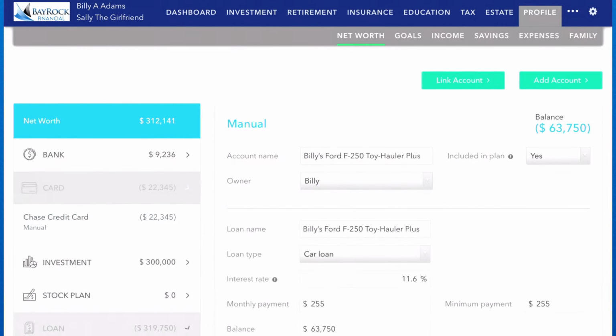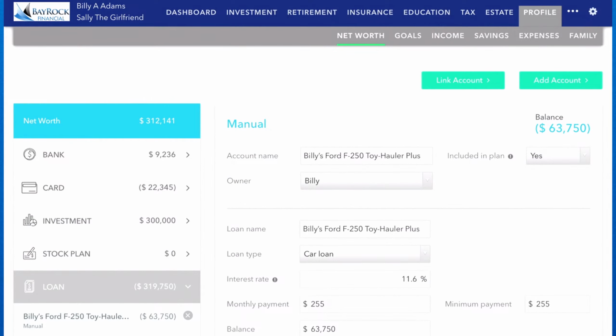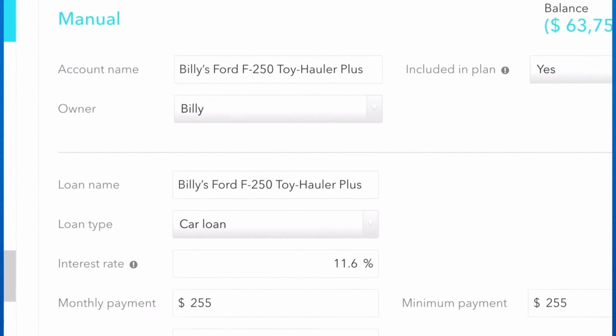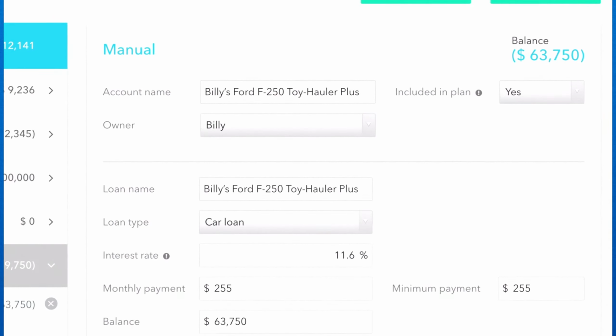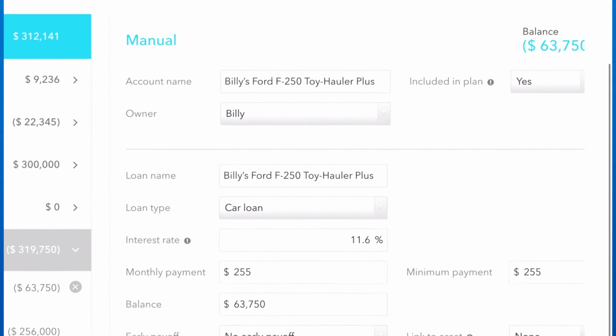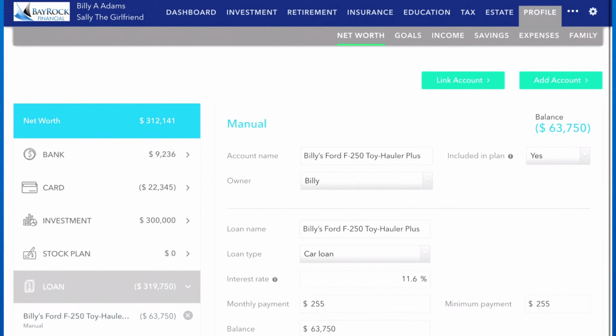We've got a loan. We've got Billy's toy, his car. It's really a toy, but he's paying 11.6%. There's a reason for that. If you didn't hear the backstory, you missed it. But that's what we're working with. So Billy bought this super cool, kind of expensive vehicle and tricked it all out for his hunting lease.